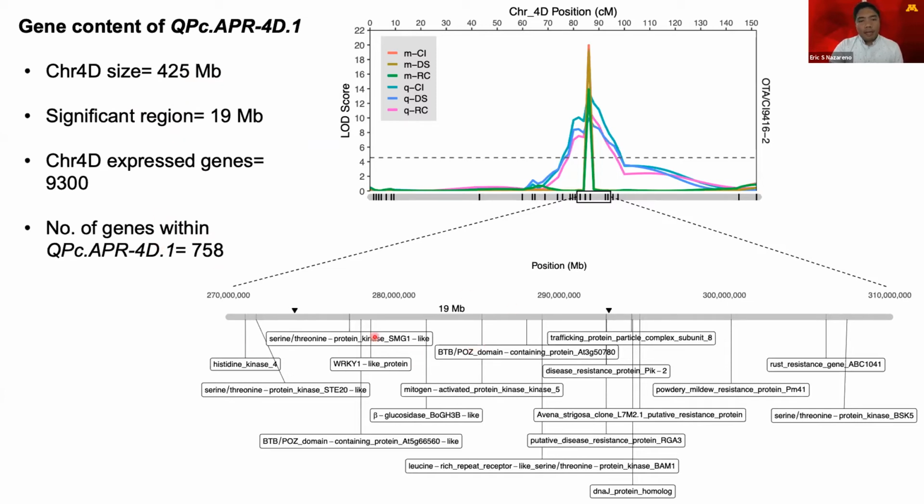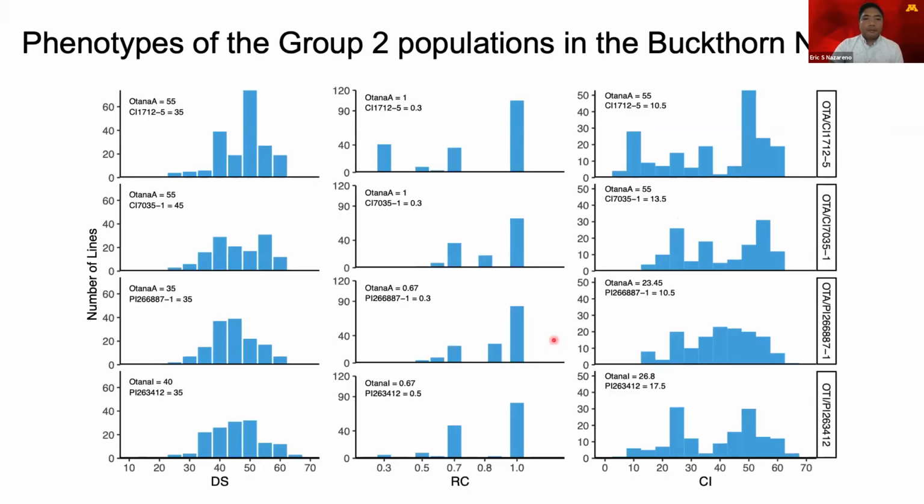And I found that, yes, indeed, there are genes that can control APR. In this significant region, we can see kinases, disease resistance protein, and several other genes that can confer resistance. So we need fine mapping to really pinpoint which gene is causing the phenotype.